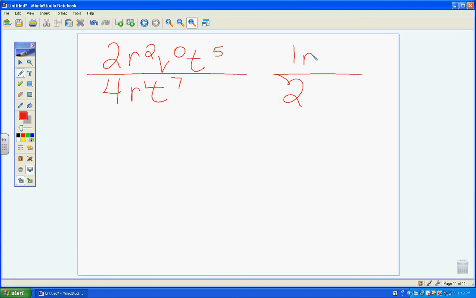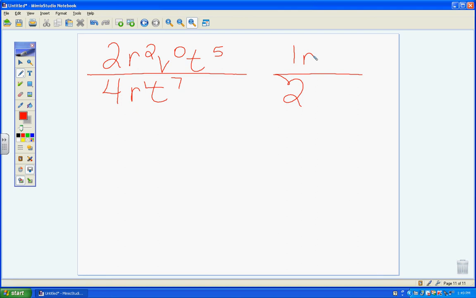Now, what about the T's? What's 7 minus 5? What, did you do 5 minus 7? Well, remember, if we do 5 minus 7, what do we get? And if it's -2, what do I have to do with it? We've got to put it on the bottom. But remember, the little shortcut is to do the biggest number minus the smallest, which is 2.